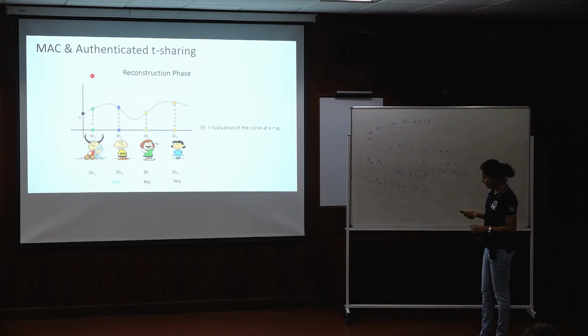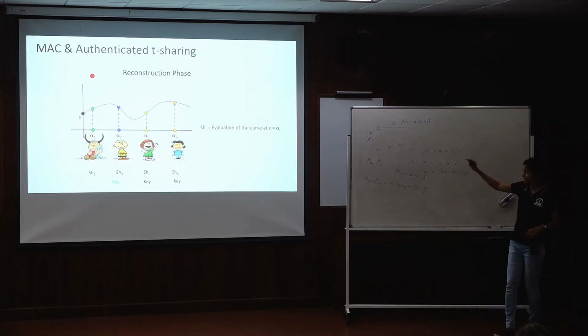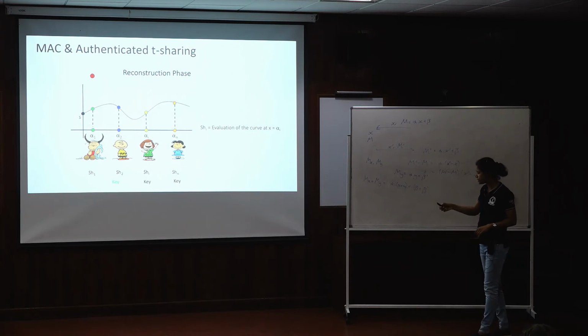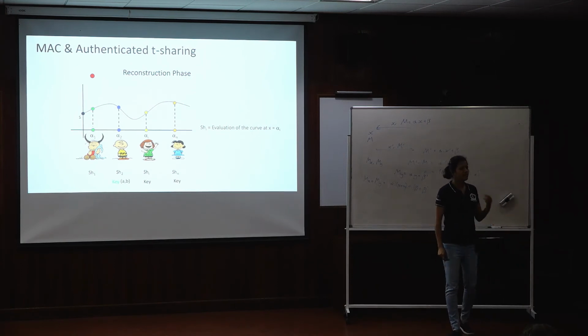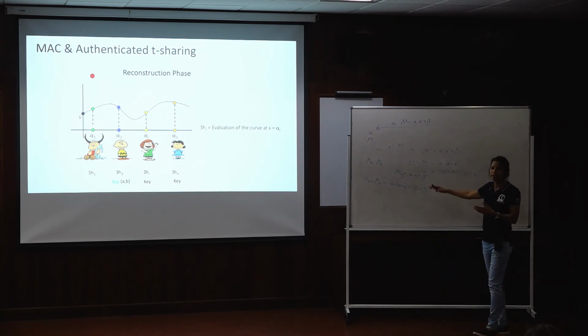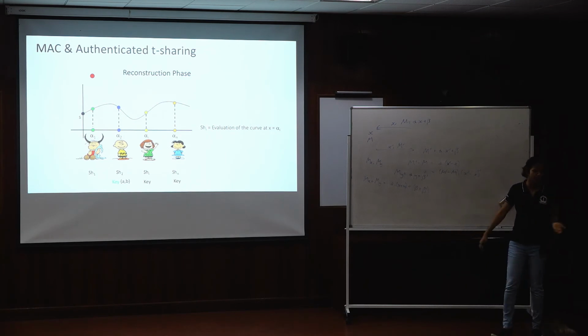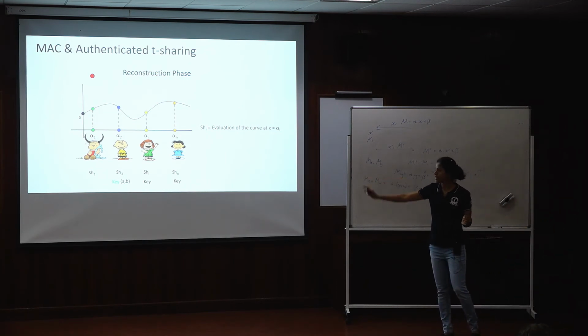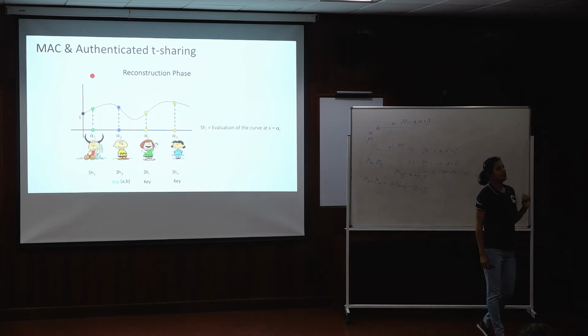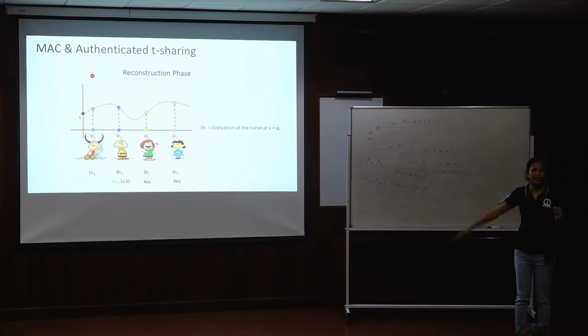So how do you instantiate a MAC? It's exactly what Peter explained, but let me just repeat. Again, we work over a field, and this time a relatively large field, because we have to keep the probability of forgery low. Assume there is a field, and the key is a random straight line. This A and B, which is the key, you can think of as a straight line, AX plus B, right?